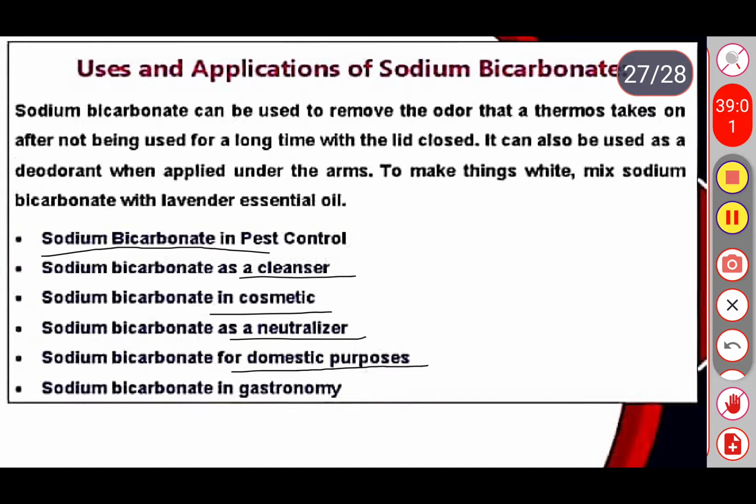With the help of that equipment we can purify the water, making suspended particles in water settle down. And potassium alum is also used as an antiseptic reagent, and it is also used for dyeing. So these are some of the uses of salts.